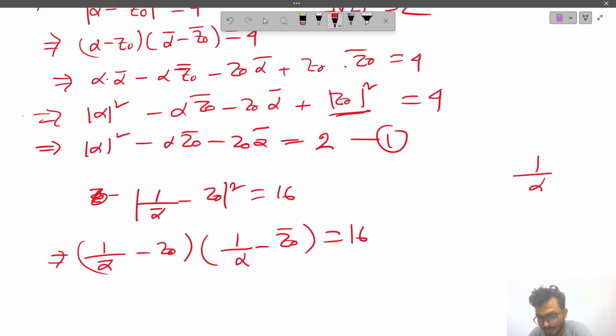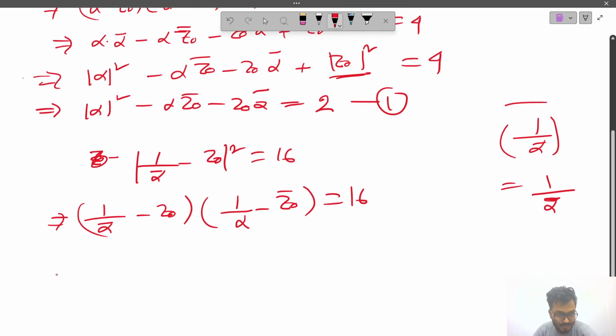The bar of 1 by alpha bar, 1 bar means 1 and alpha bar whole bar is alpha, so we get 1 by alpha here. So these things we can get.